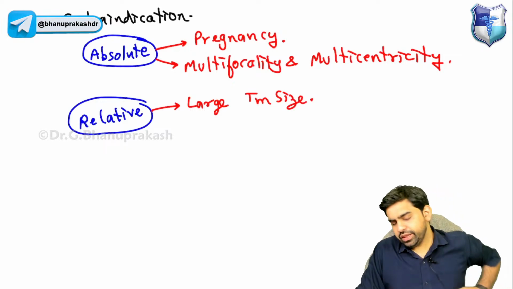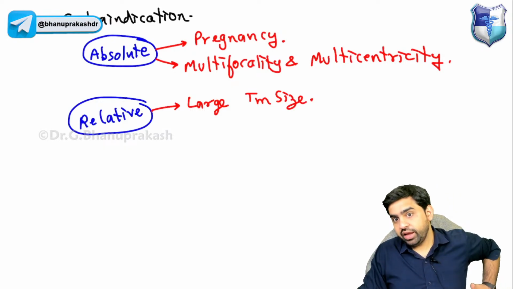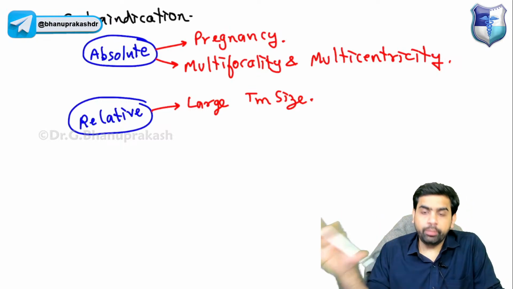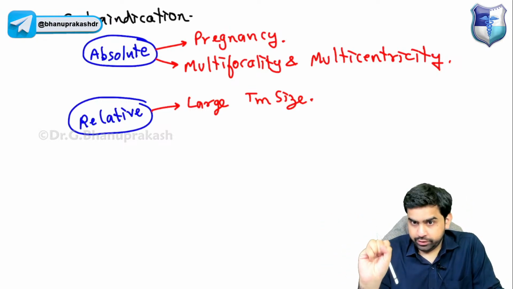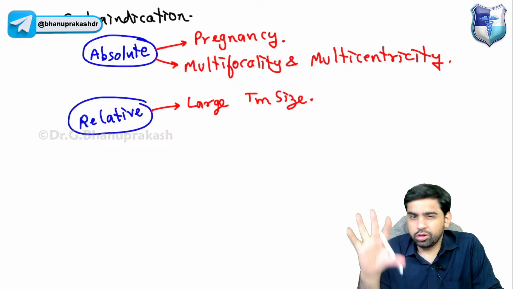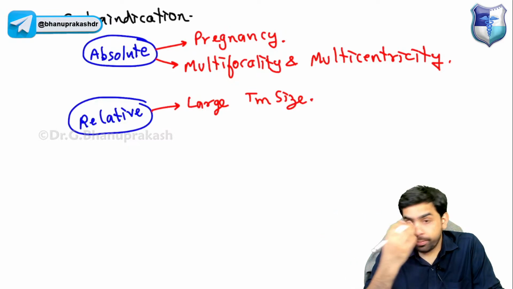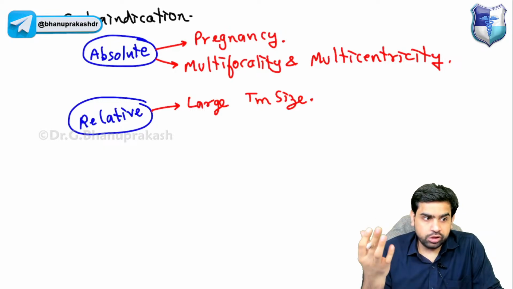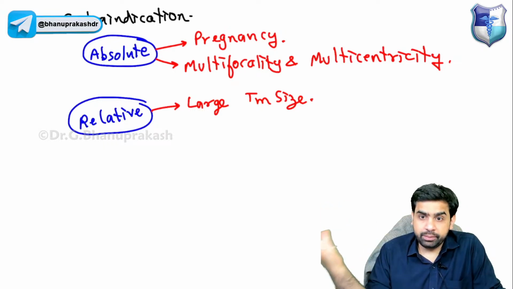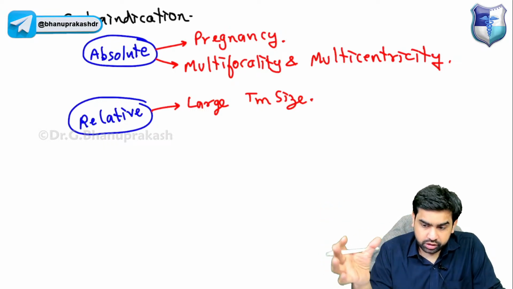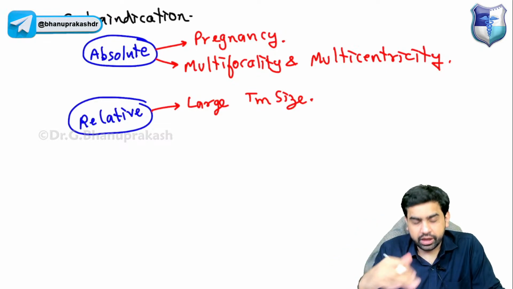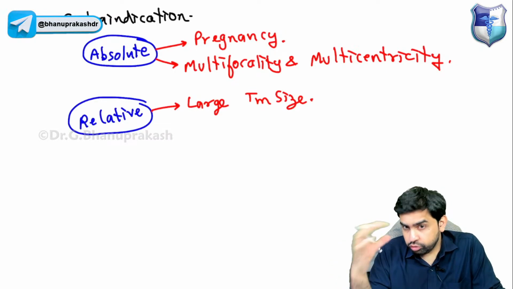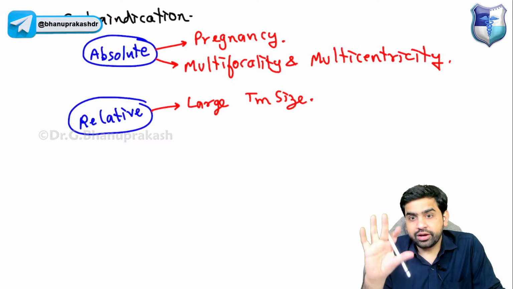Try to understand the purpose of performing breast conservative surgery, so that the normal architecture of the breast tissue is retained. If the tumor size is very big and you plan breast conservative surgery, there's going to be a lot of mismatch between the 2 breasts, right? But let's assume the breast size is very big and the tumor size is relatively smaller. Are you understanding? So it's a relative contraindication, not an absolute contraindication. Tumor size relative to the breast tissue. So that is a relative contraindication.